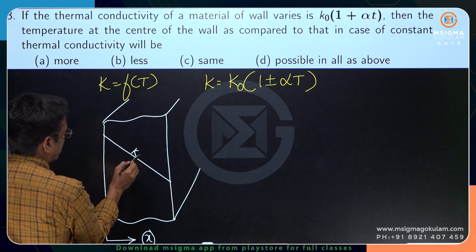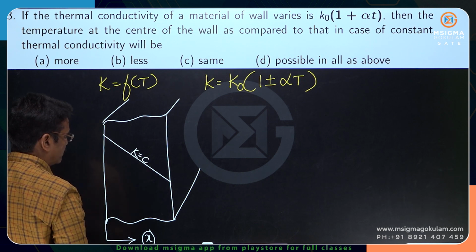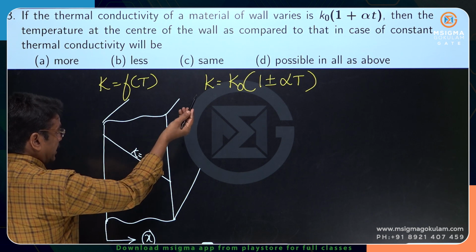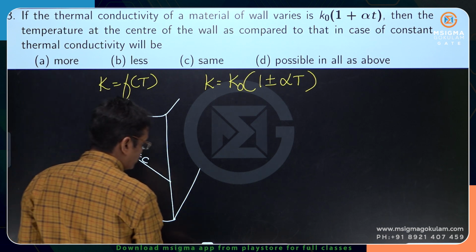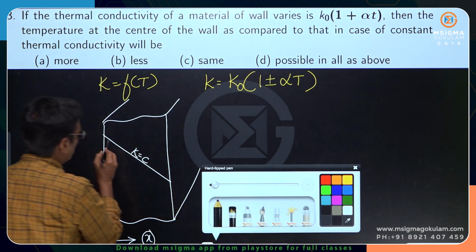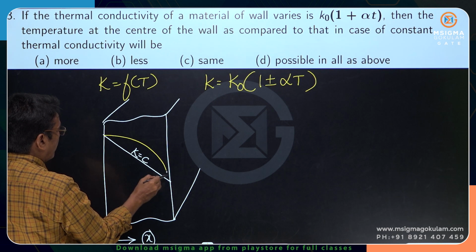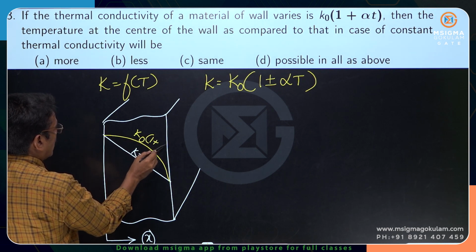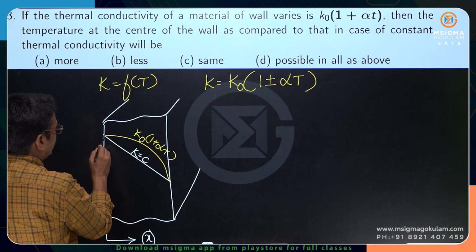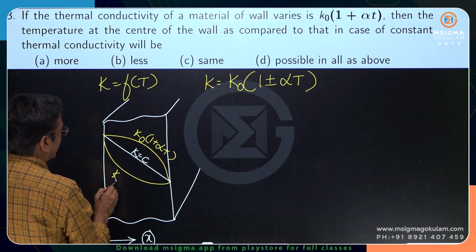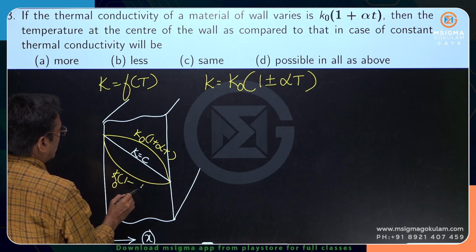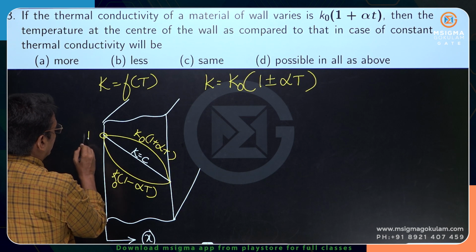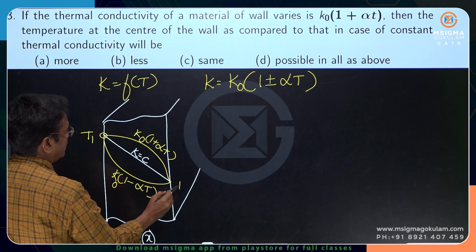If K is a variable conductivity, this curve is for K0 into (1 plus alpha T). This curve will be K0 into (1 minus alpha T). This will be the K equal to constant case, with T1 greater than T2.